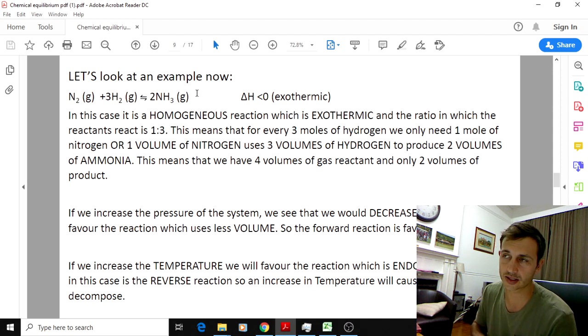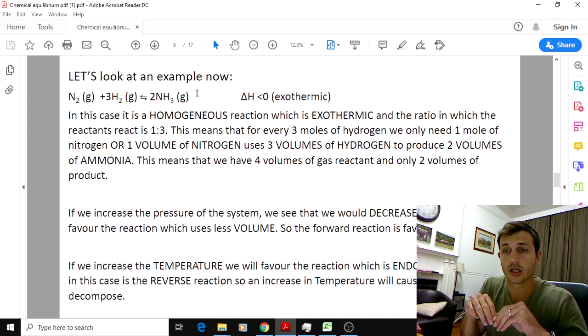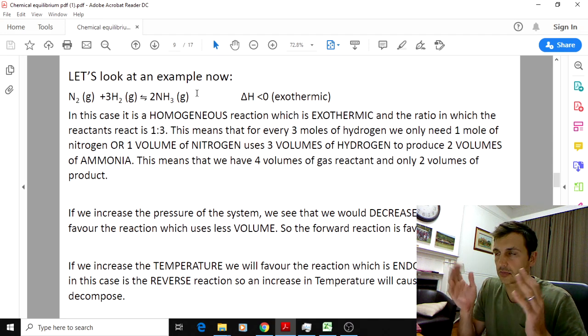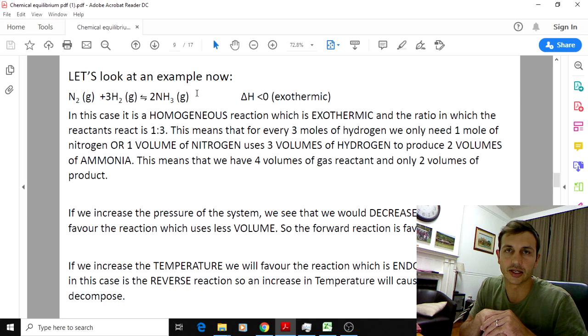Something, I just want to interrupt myself here quickly. When we deal with Le Chatelier's principle, we always want to look at what is the disturbance. Because if we know what the disturbance is, Le Chatelier's principle tells us that the disturbance needs to be offset. It needs to be countered. Alright, so just a silly analogy.